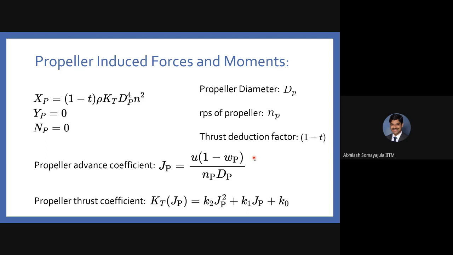At the bottom of the disk you may not see much difference, but at the top you may see much lower velocities, so there will be a distribution. We account for all of that in one bulk factor, saying the average velocity through the wake region where the propeller is situated is slowed down by the hull, and that slowdown factor is Wp.